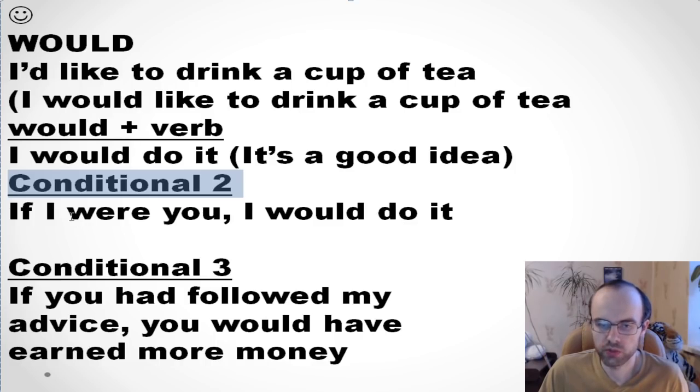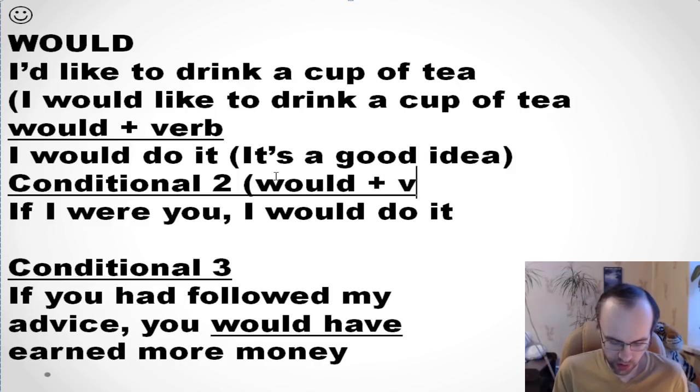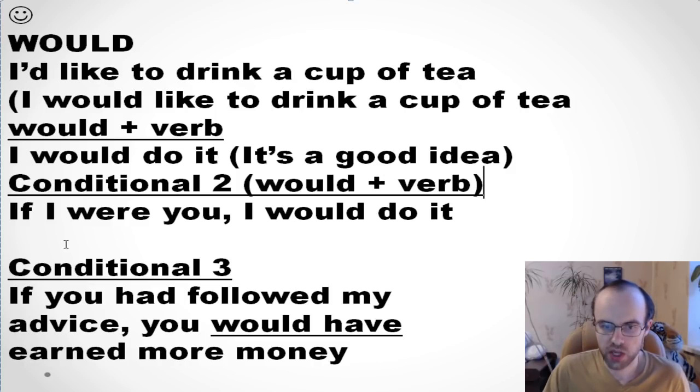So you remember, I hope you remember that we use were with I, he, she, it in conditionals. We mostly use were. And in the third conditional, so would have plus the third form. If you had followed my advice, you would have earned more money. So would plus verb, we see it in the second conditional.